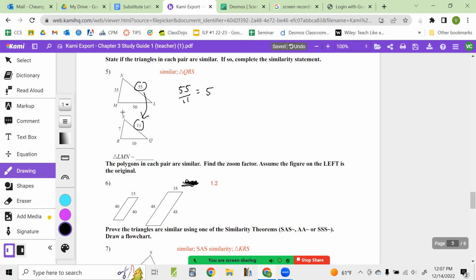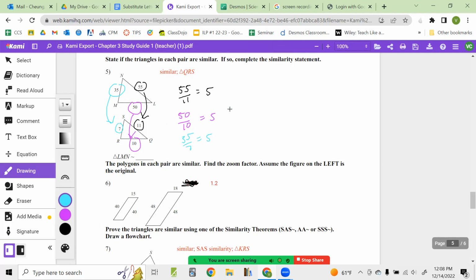Then the next biggest is the 50 and the 10. If you divide those two, you're going to get 5. And then 35 and 7, those are the smallest. If you divide those, you're going to get 5.